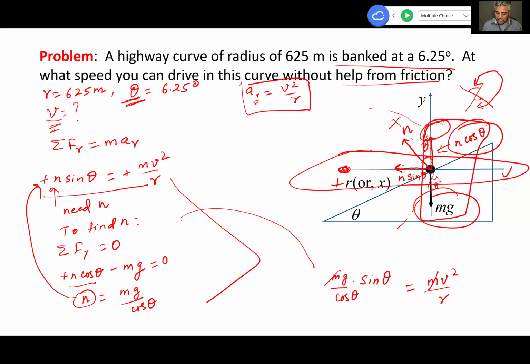So now what I have is g sine theta over cosine theta. There are two angles, one angle in sine, another angle in cosine. If we want to solve for angle, then it's a good idea to write both in one. We know sine theta divided by cosine theta is tangent theta.